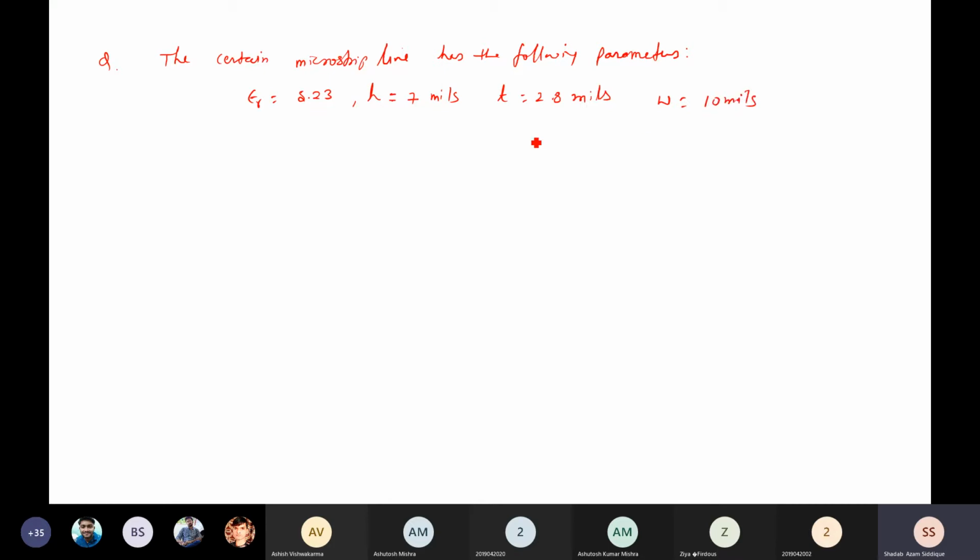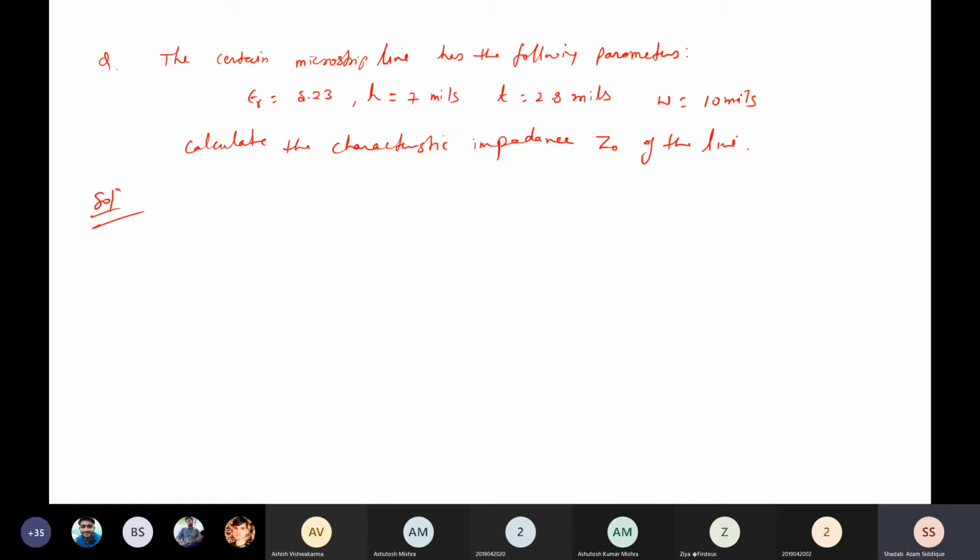Now you are asked to calculate the characteristic impedance, Z naught, of the line.